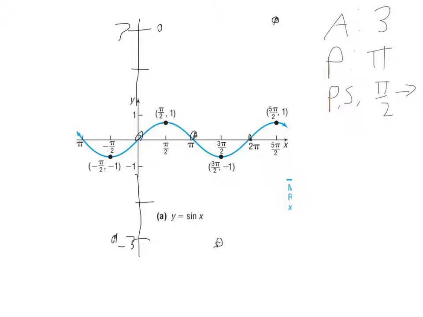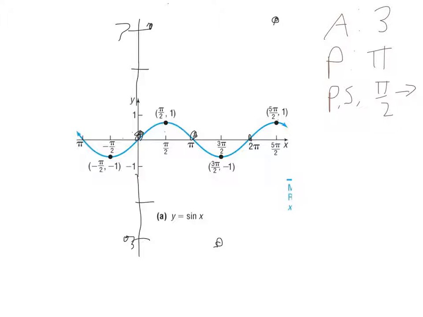Now the period is pi because we cut everything in half. So you multiply all the x points by 1/2 since we cut the period in half. This point's at 0, 0, so it would stay at 0, 0. This point at negative pi over 2, multiply it by 1/2, and it would now be at negative pi over 4. This point that's at positive pi over 2, multiply it by 1/2, it'd now be at positive pi over 4.